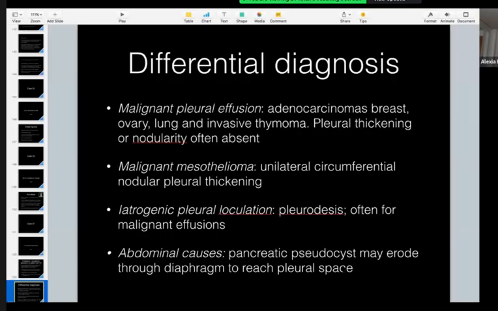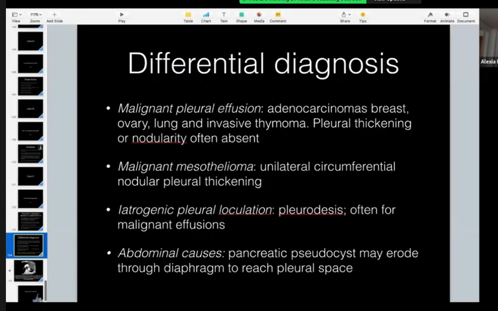Sometimes a pancreatic pseudocyst can erode through the diaphragm and reach the pleural space and can have a similar appearance. It would be very unusual for a pancreatic pseudocyst to do this, but it's possible. So you can include it as a differential diagnosis. So well done. Thank you very much.